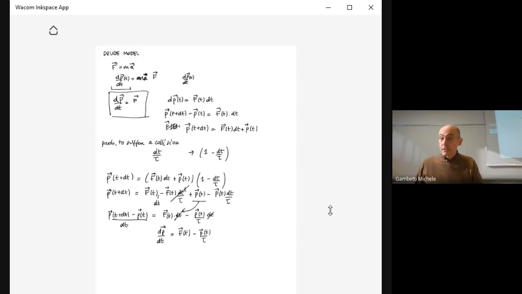The equation is equal to, let's say, the second law of dynamics, apart from the fact that a new term on the right has appeared. This term is inversely proportional to the relaxation time, and is proportional to p, that is to the electron velocity. We have also a minus sign in front. So this is a sort of friction.